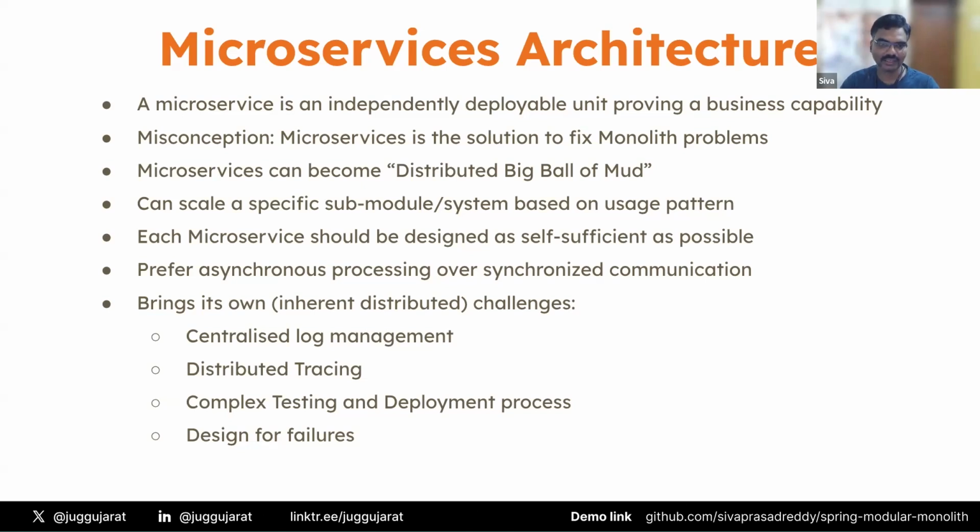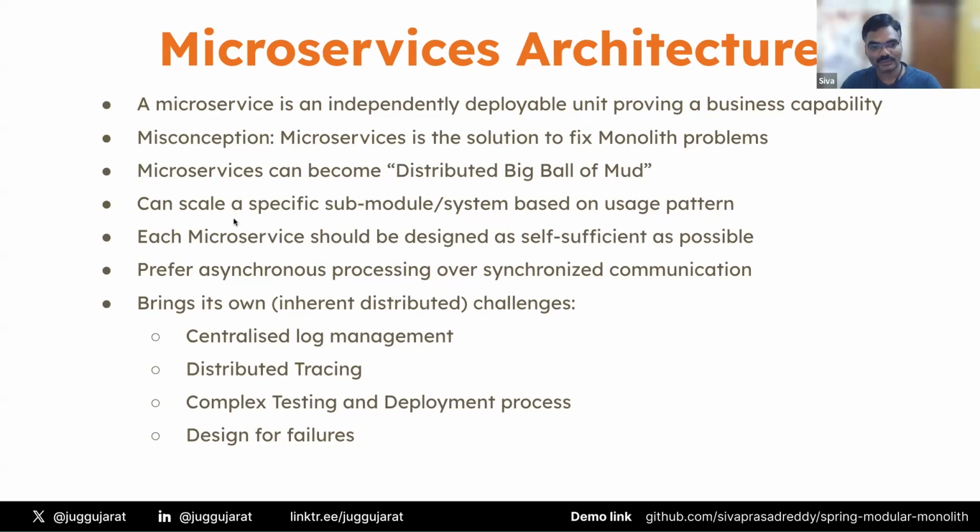Either it is a direct call or through eventing, whatever the means may be, it all needs to coordinate. But if you don't take proper care in designing the microservices architecture, it can become much worse than a big ball of mud in the monolithic architecture. It will become a distributed big ball of mud, which is even worse and harder to deal with.